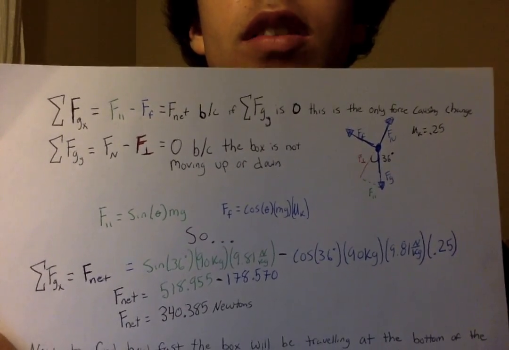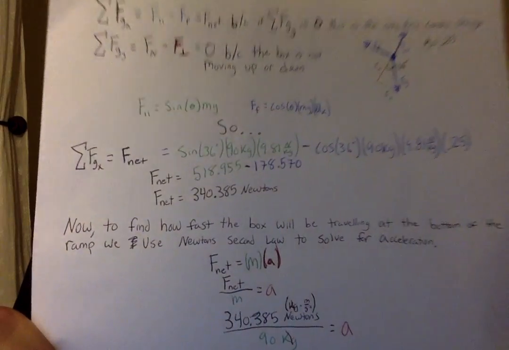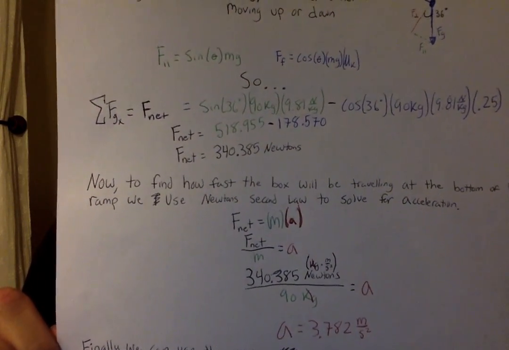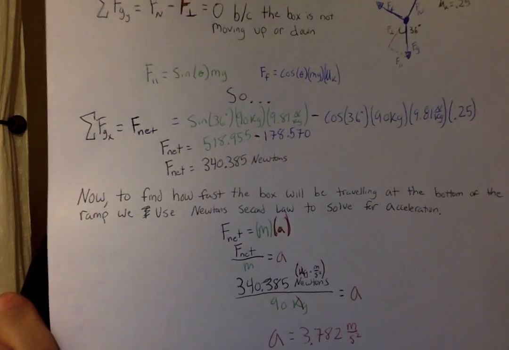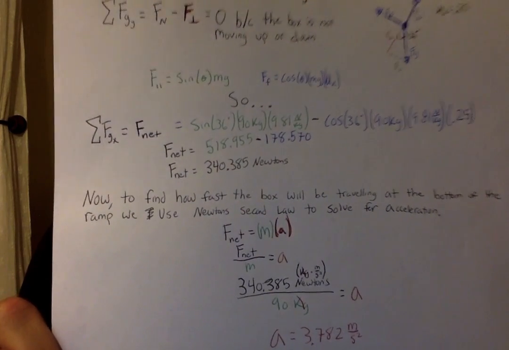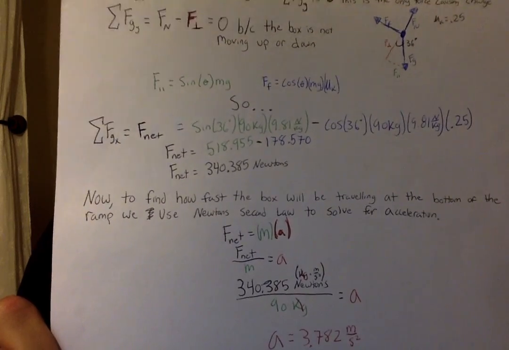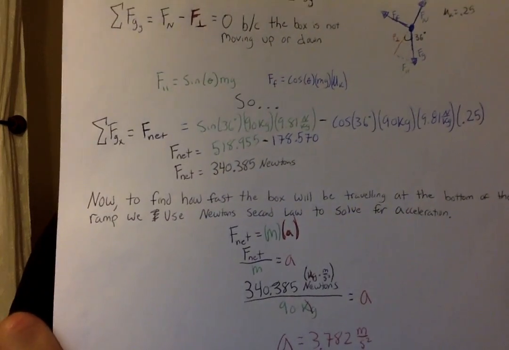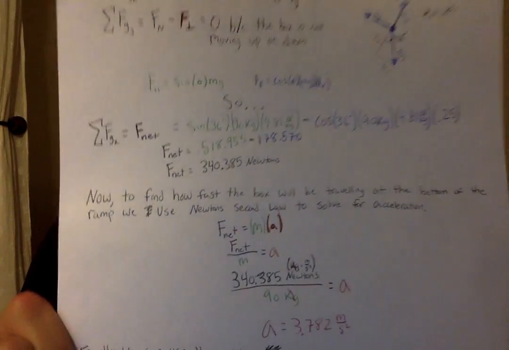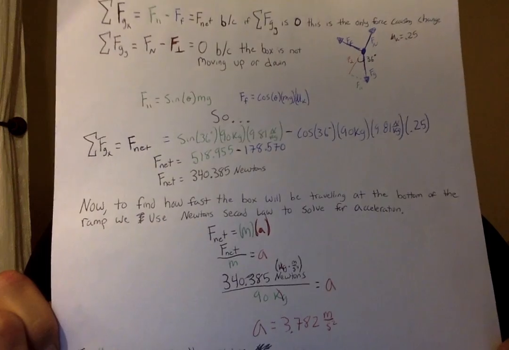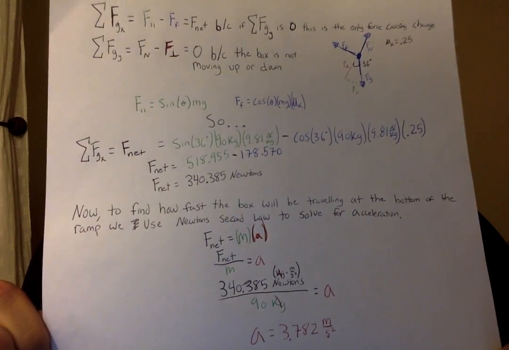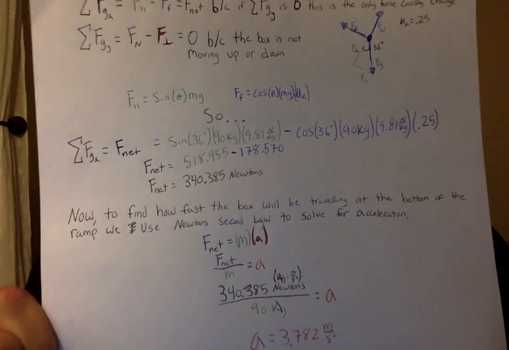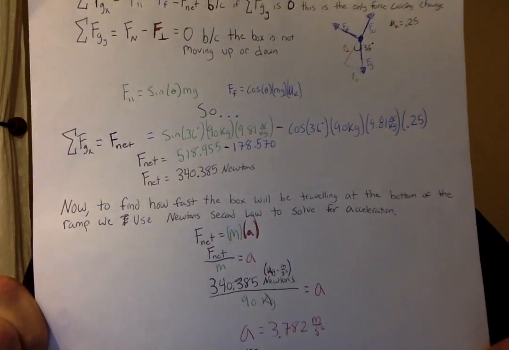And then we need to subtract the frictional force, which is cosine 36 degrees times 90 kilograms times 9.81, and then times the coefficient of friction, which is 0.25. Now, when we do the calculations, we multiply everything, subtract everything, we find that the net force is 340.385 newtons.